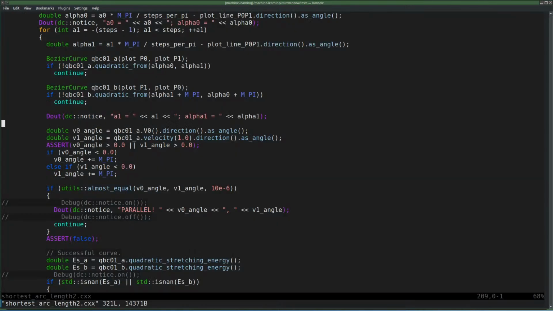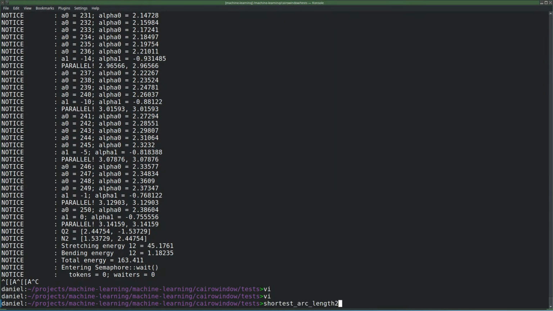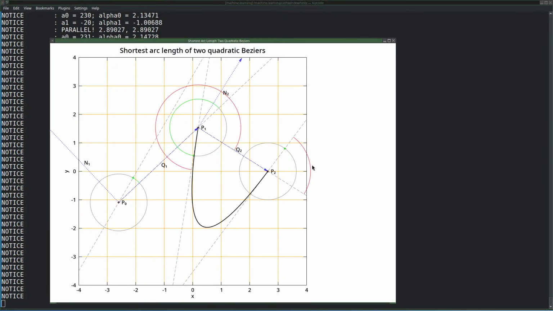Okay, so the problem is that there is no quadratic solution for this construct unless the angles are such that they are almost parallel. So I'm doing something wrong. Yeah, well, okay, let's think about that. So we have this.